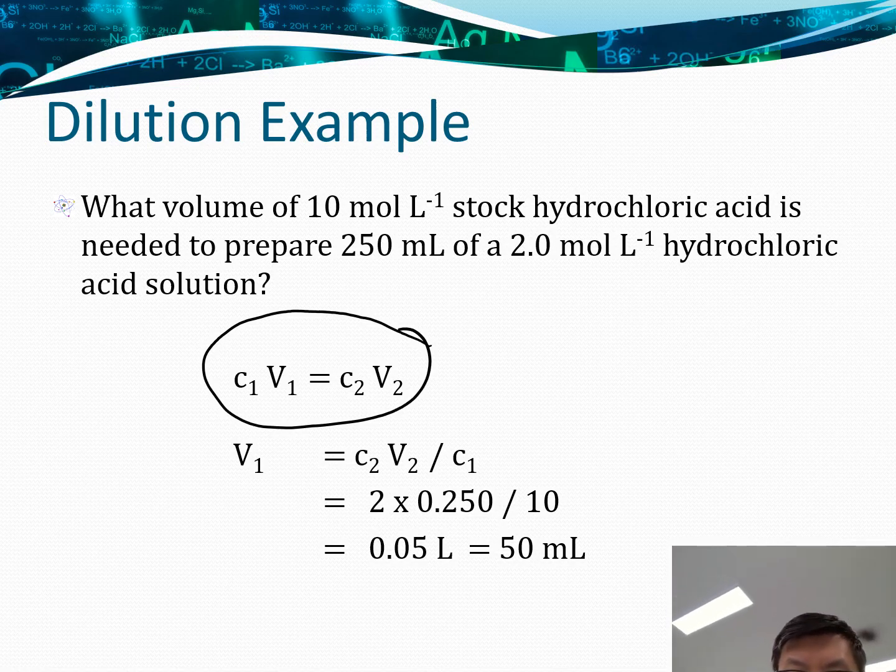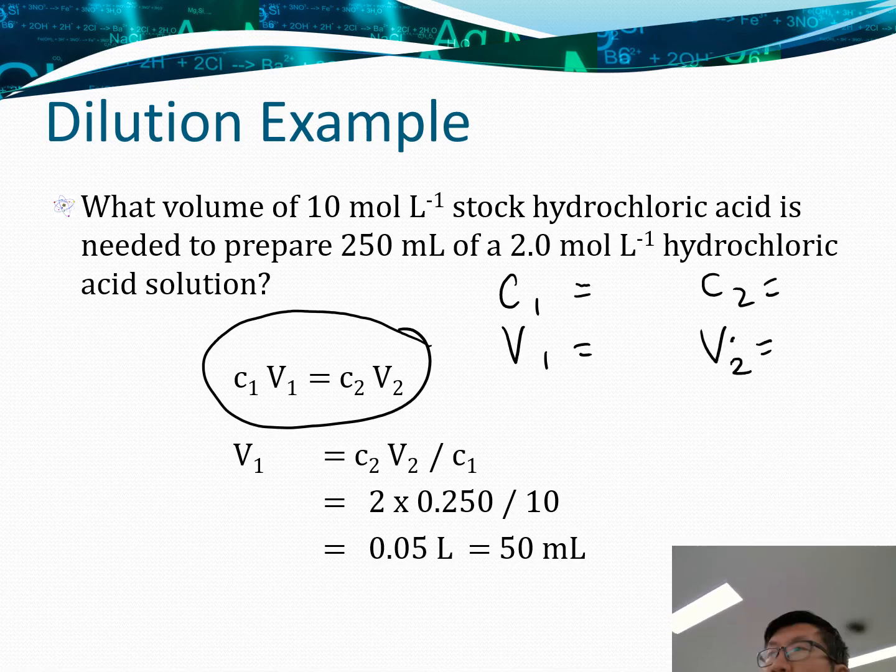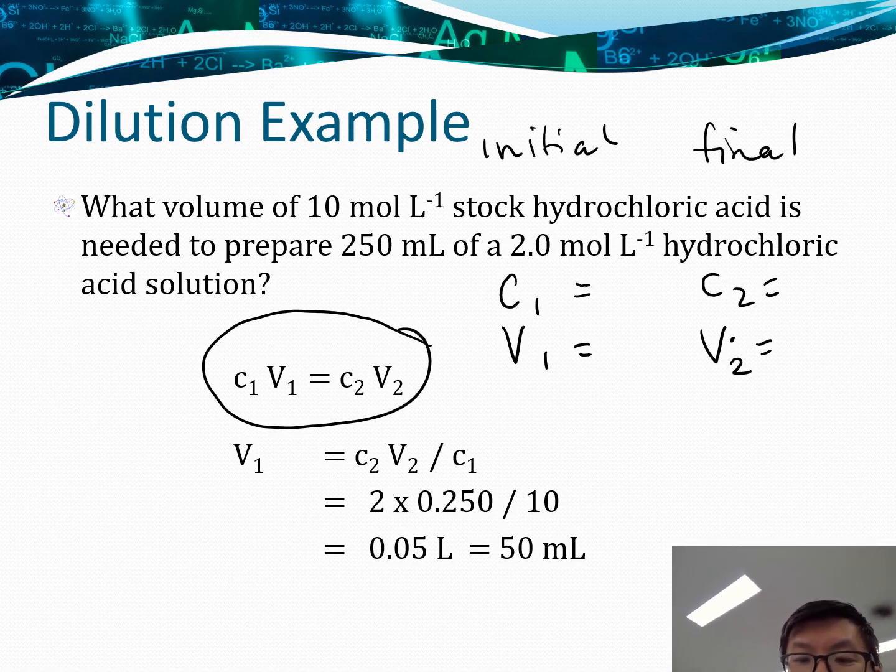So, ignoring all of the things that are there, you go, all right, C1 and V1 and C2 and V2. The way that you set up the formula to then do the calculation is by remembering that the 1 is used for initial and the 2 is used for final.